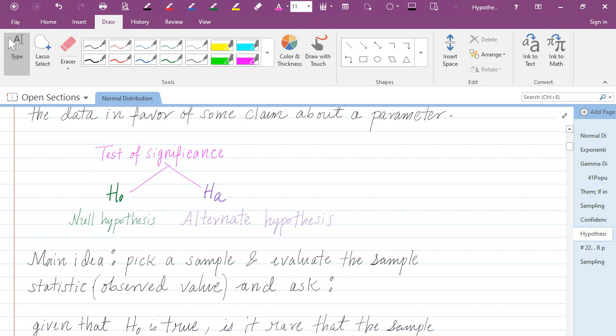So in a test of significance, we have a claim, right? A claim or a statement that we want to assess from our data, and that claim is labeled H0, or the null hypothesis. So think of the null hypothesis as the statement that is being tested.